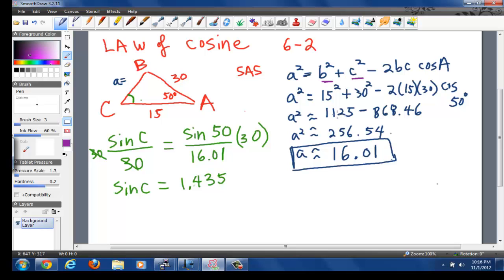Now cosine of 50, oh, I might have missed that. Nope, that's wrong. It's all wrong right here.